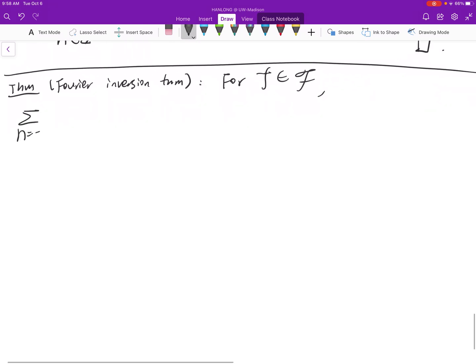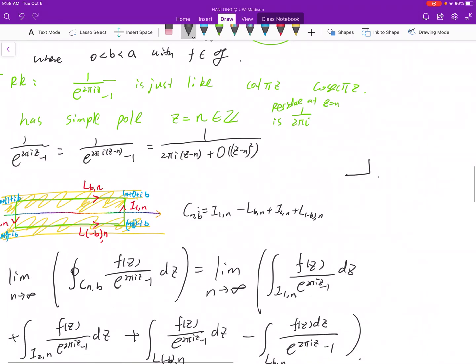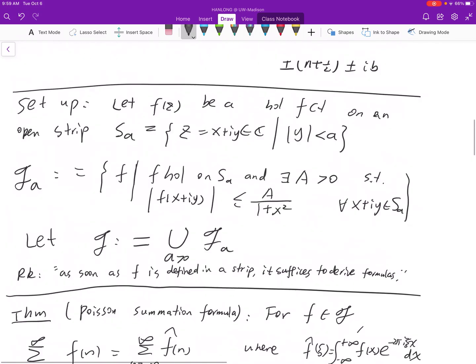Suppose f is a function whose Fourier transformation is f hat of ξ. I don't know if we proved that the Fourier transformation always exists for such functions.